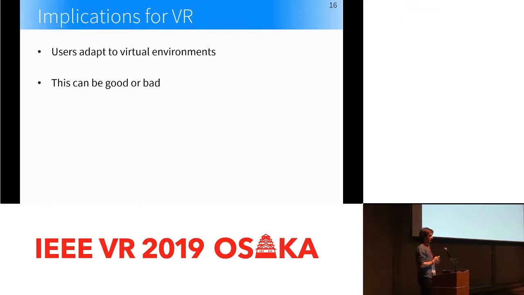We think this can be good when you use it for redirected walking, but it may also have some bad implications. VR researchers would need to take adaptation into account when developing their scenarios, because what we see here is that with our VR environments, we kind of change perception, and that's scary in a way.